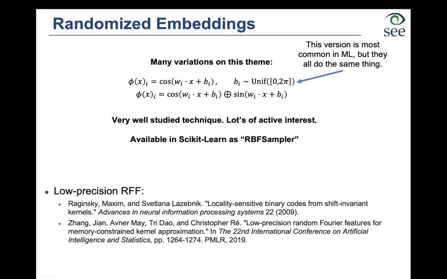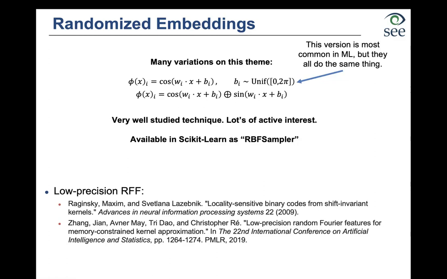This particular embedding scheme is really widely used in machine learning, and there are many different variations on this theme. One that some of you might have seen before is an alternative scheme in which we convert the previous embedding to a real valued representation by adding a random offset. This allows us to give an equivalent real valued embedding for the previous one.